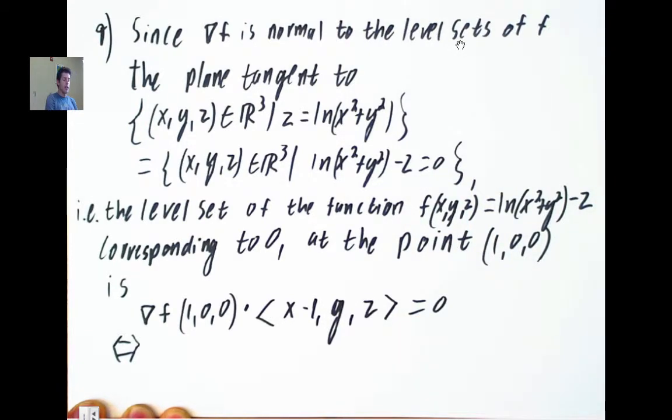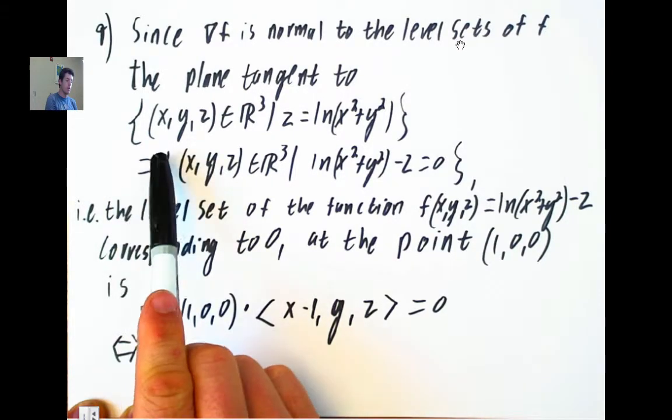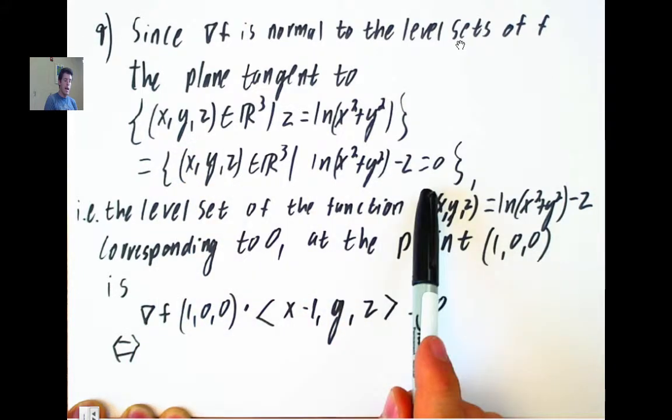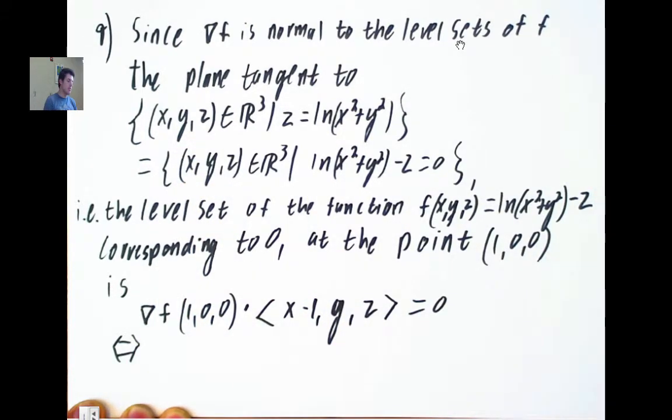Okay, now, the textbook then tells me that I'm not looking for the plane tangent to this level set at 3. No, that doesn't make sense. I need to find it at some point in the domain of f of x, y, z. Yeah, the function of 3 variables. And 1, 0, 0 is a point in that domain, and it's a point in the domain that is in this level set.